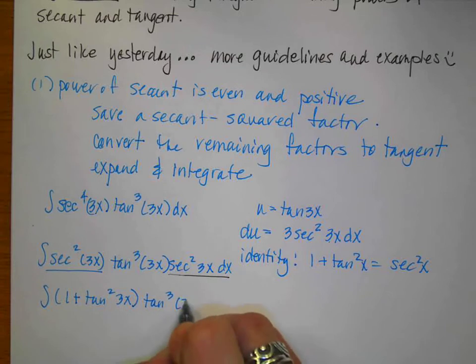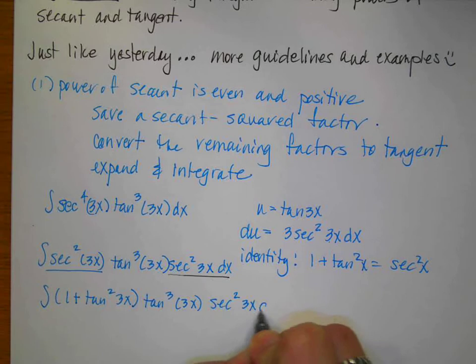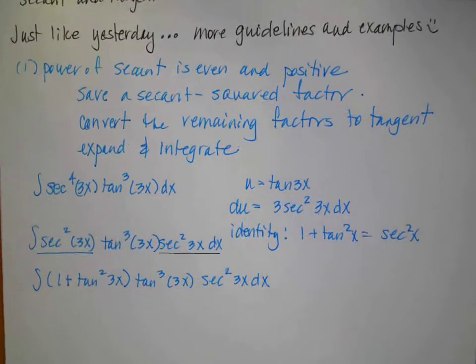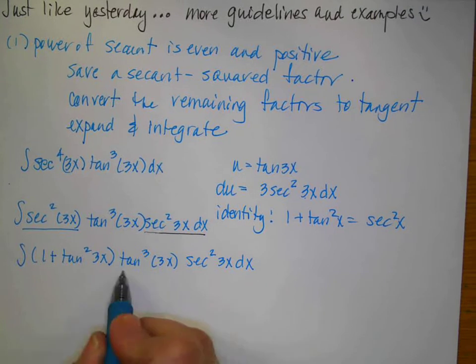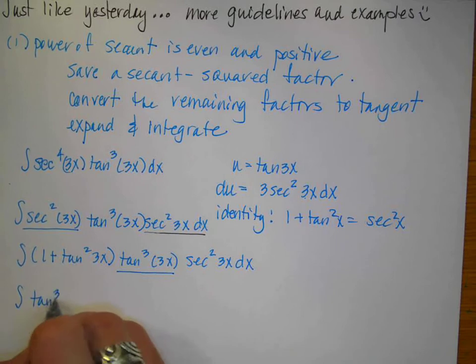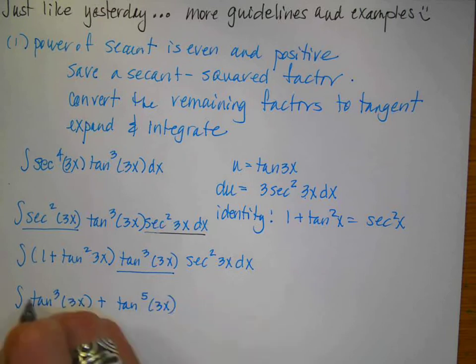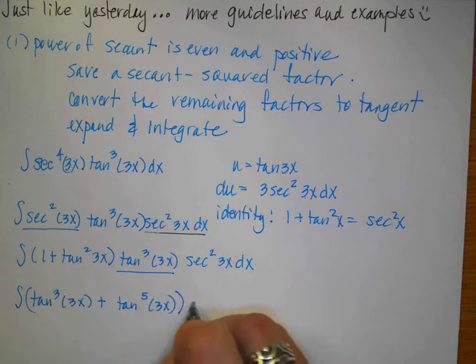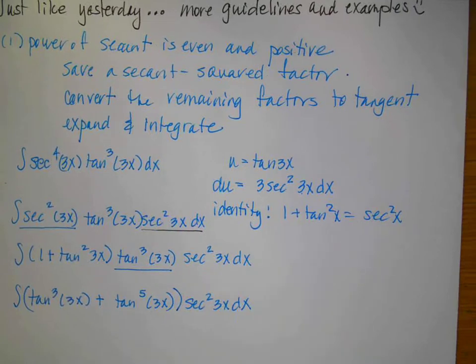And then I have tangent cubed 3x, and then secant squared 3x dx. Whew, that's a lot of writing. Alrighty. And then what I'm going to do, just like in the other problems, is expand. So this is going to be the integral of the tangent cubed of 3x plus the tangent to the fifth of 3x. And then I'm going to have secant squared 3x dx.